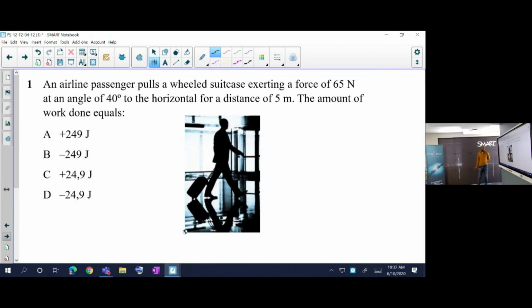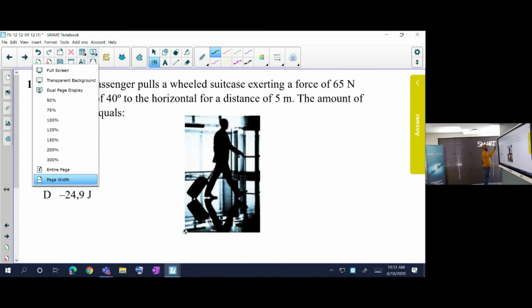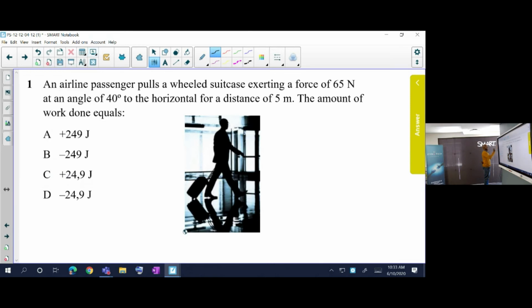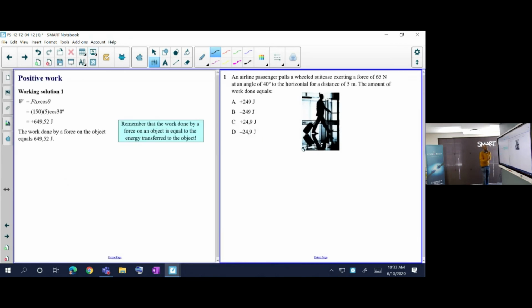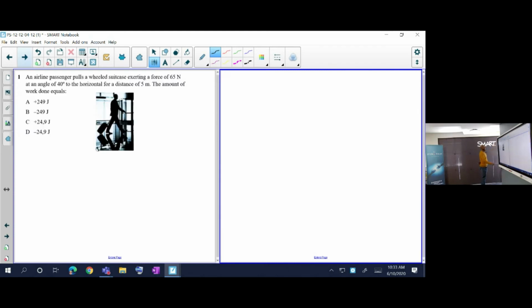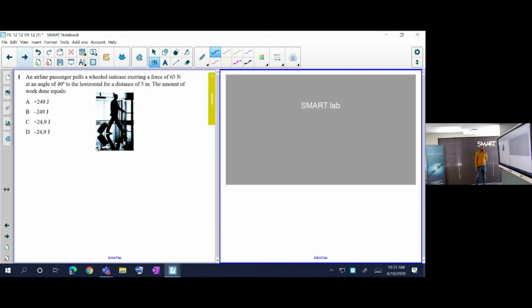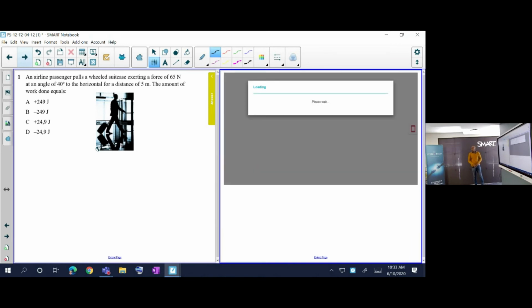All right, we have another example here. I need you to work. This is an assessment. I need you to do it. For those that have smart devices, they can just look at it.